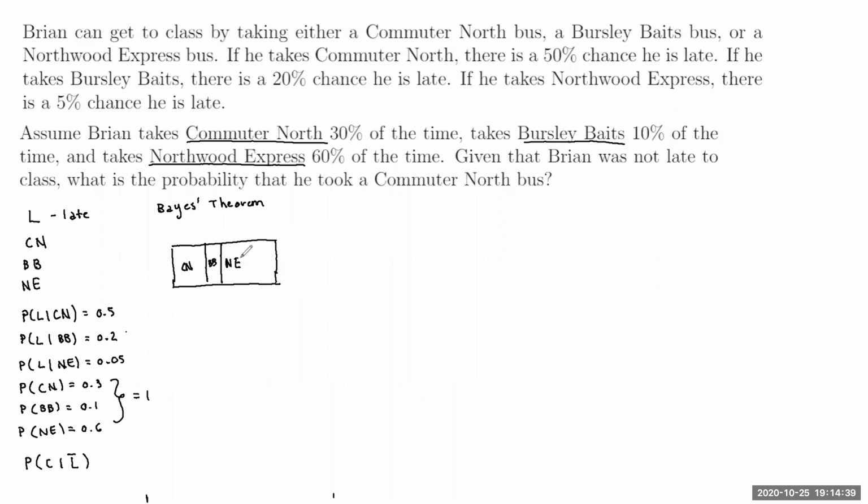Now that we've partitioned it into chunks, you can think of him as either being late or on time. So you can then partition these three pieces into him being late or on time.